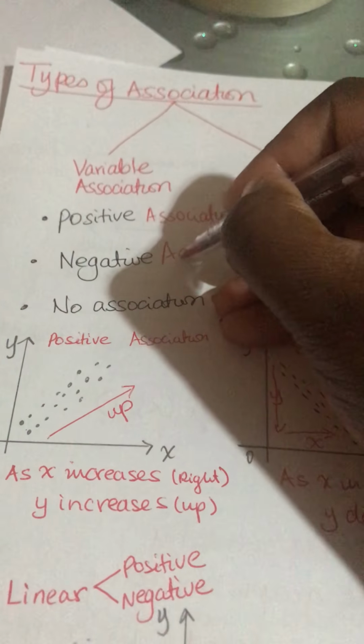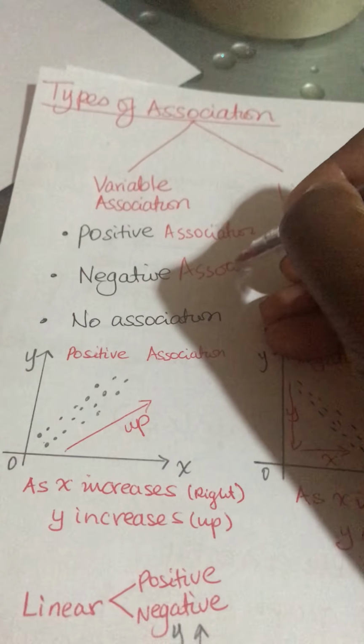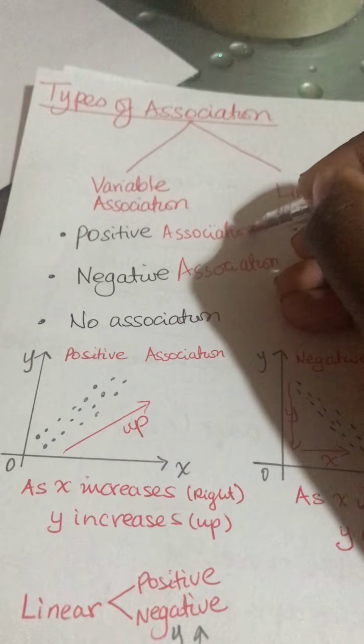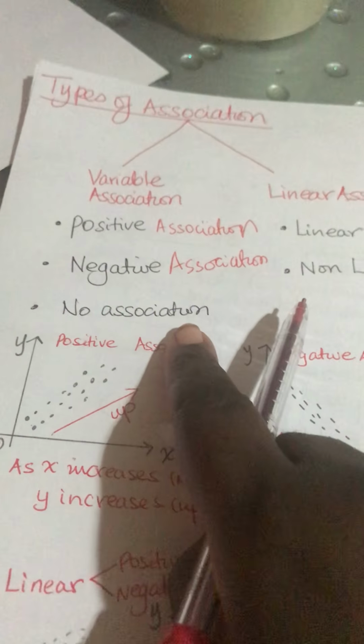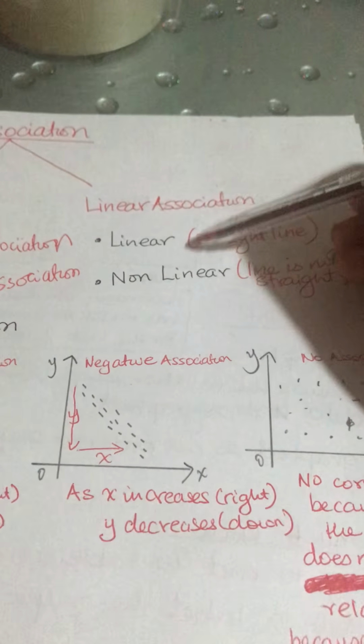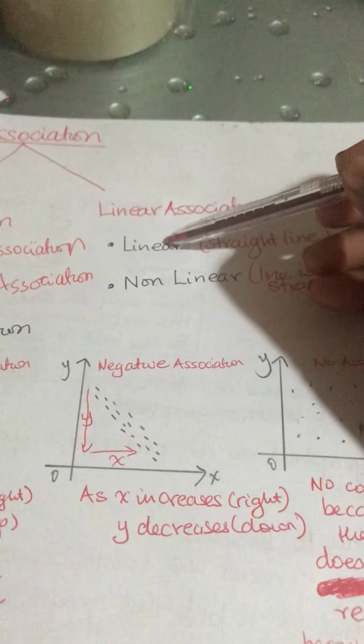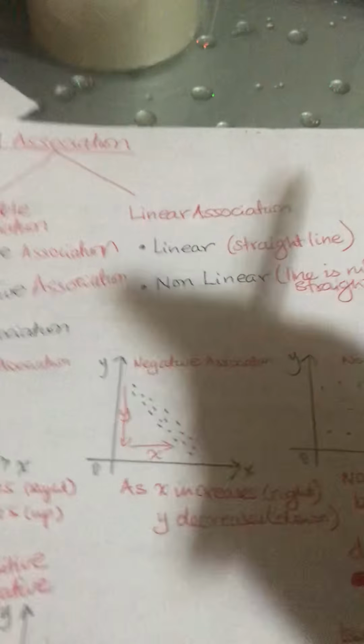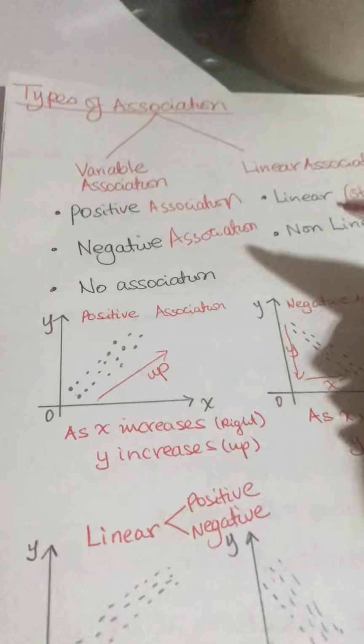You have a negative association. And you have no association, okay? And then when it comes to linear, linear is divided into 2. Linear and non-linear association.